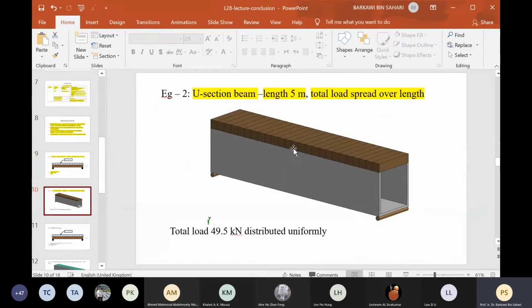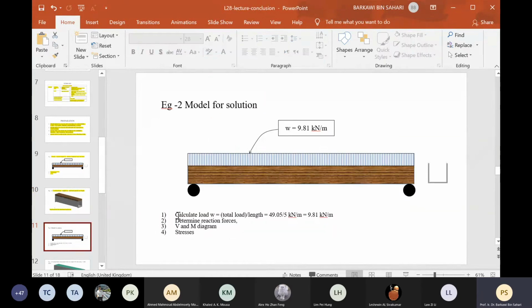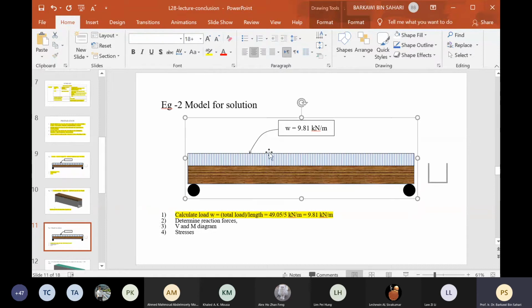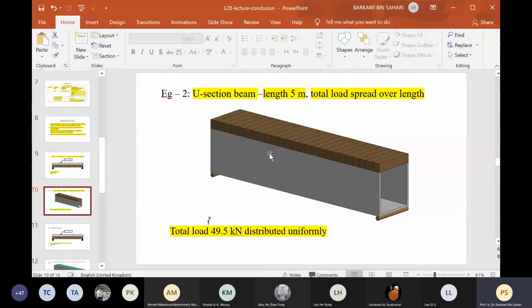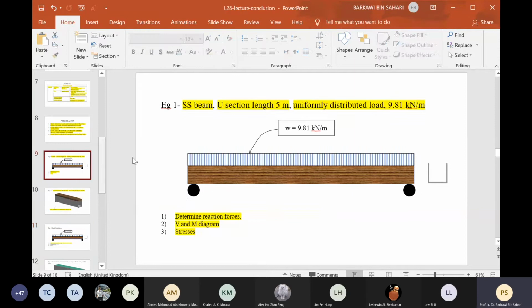In this one, you need some thought about what type of load it is and how to represent that load. In this case, it is a total load of 49.5 kilonewton distributed uniformly. So you have to calculate the load per unit length. You take the total load divided by the total length, and you get 9.81 kilonewton per meter. After that, you develop the model solution for this type of problem. Now, is there any difference between this model and this model? They are the same.